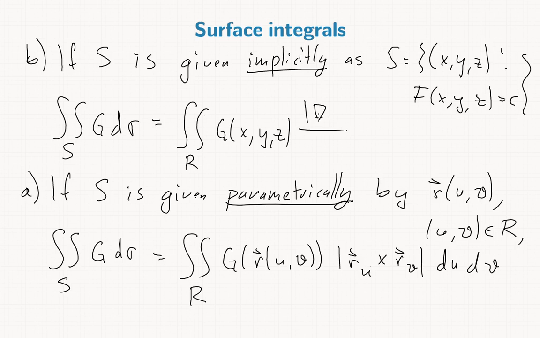and then d sigma again is the magnitude of the gradient of f over the magnitude of the gradient of f dotted with some unit vector p, dA.